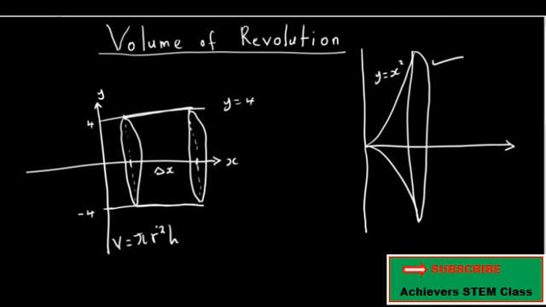So what this simply means is that we can compare this formula with this particular illustration. In this illustration, our h stands for delta x, while our r is the radius, that is the distance of the line from the origin, from x equals 0. So that's our radius, and it is mostly given as y.